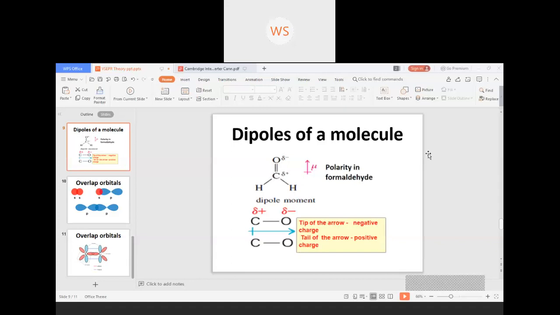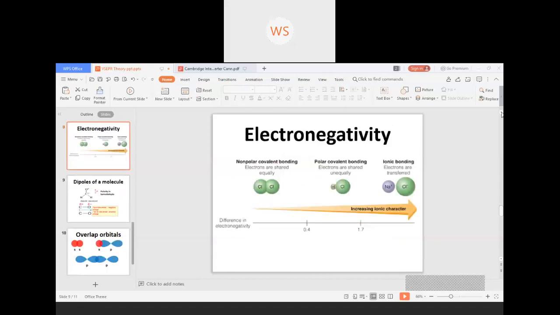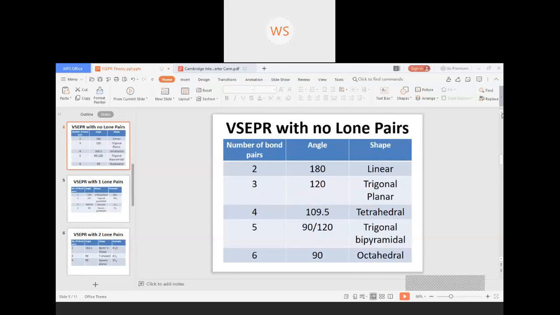And then we refer to this one: 120 degrees. So the angle is 120. Number of bond pairs 3.